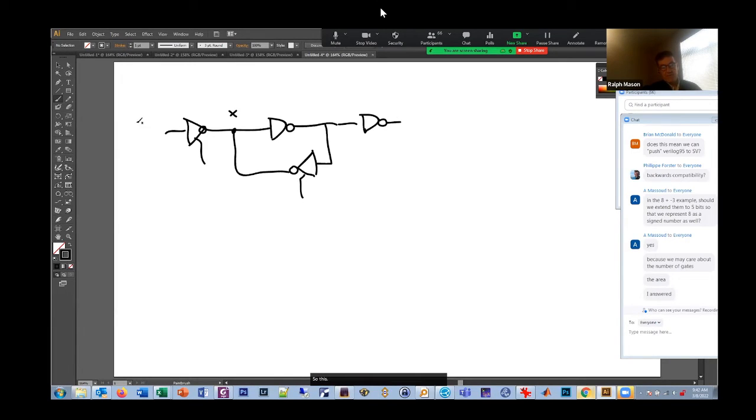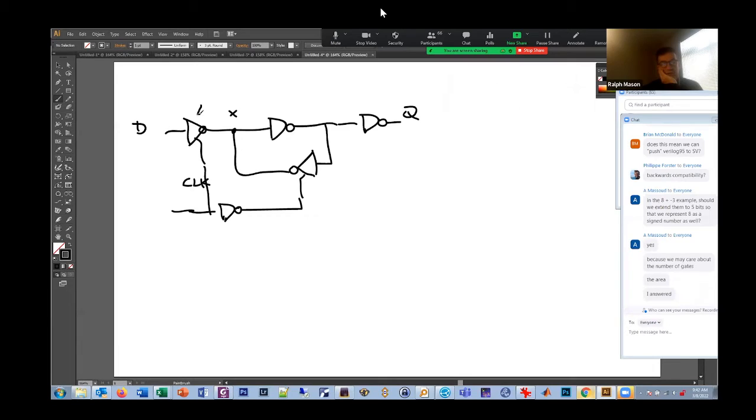So this is our D. This is our clock. Often we'll go clock there, and this is Q. Yeah. So this is how we really make them.